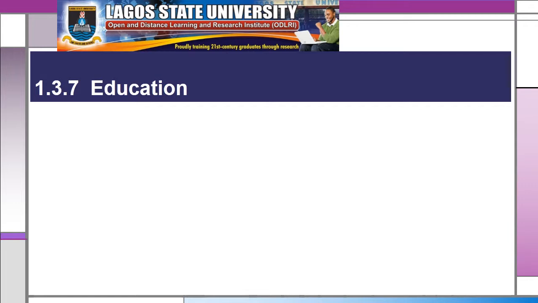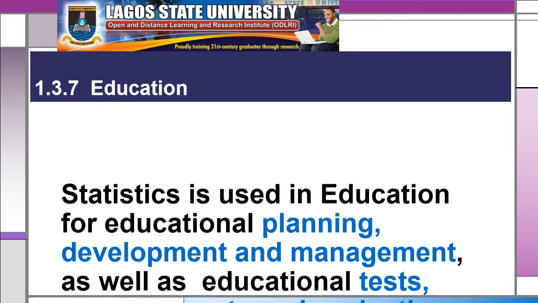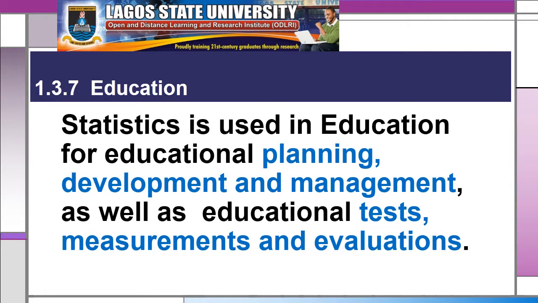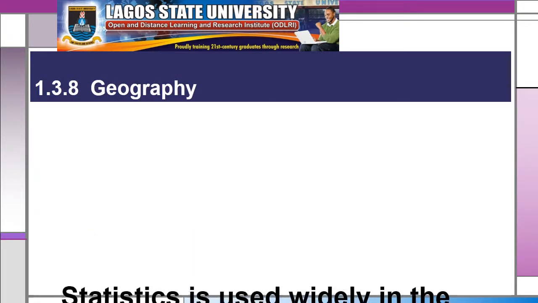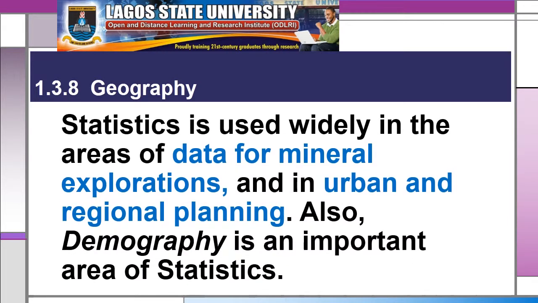In education, statistics is used for planning and development, and also in the area of test evaluation and measurement. In geography, statistics is widely used for planning of urban centers and also for the analysis of data for minerals.